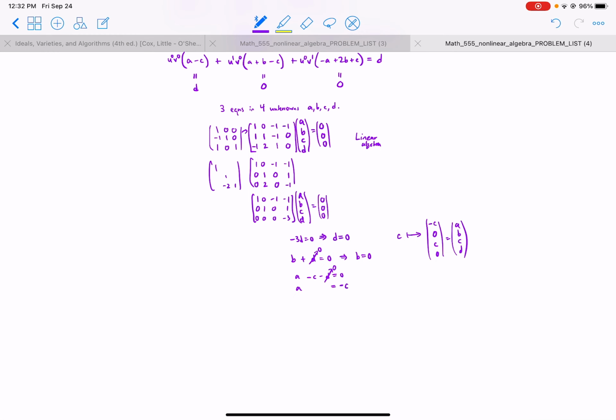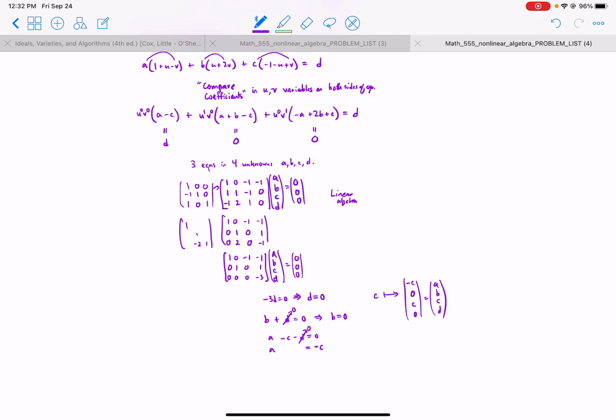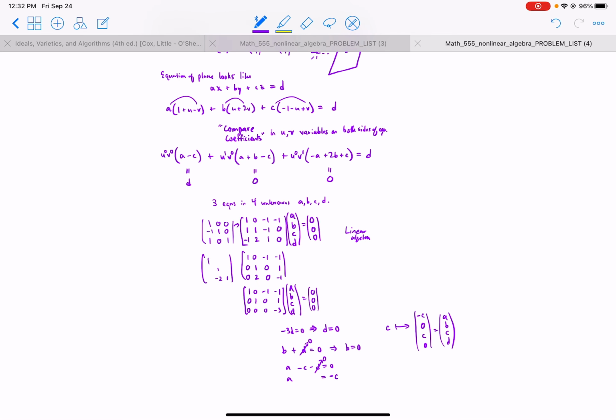Now what were a, b, c, d? For now they were variables, but before they had meaning: they were the coefficients of an equation. And so we see that any equation that reads like minus x plus z equals 0 will work.